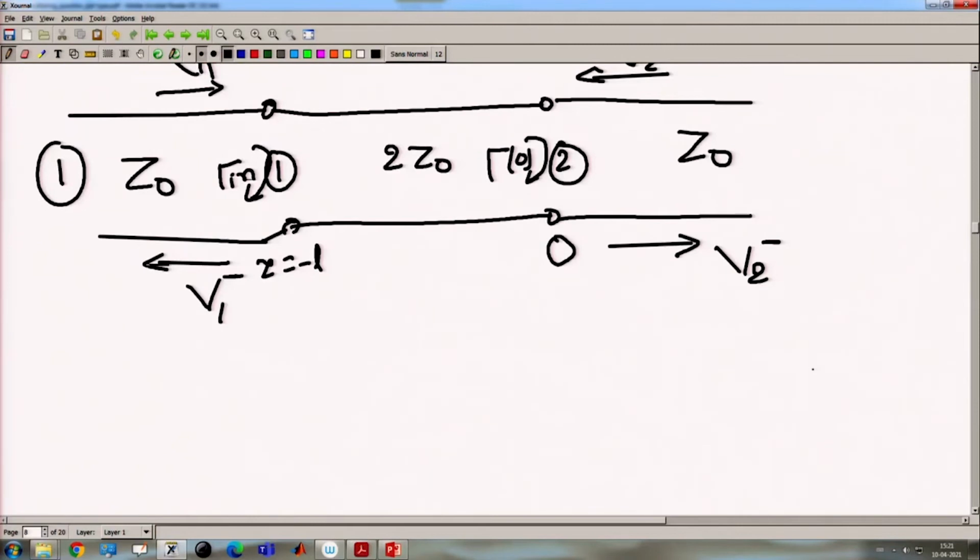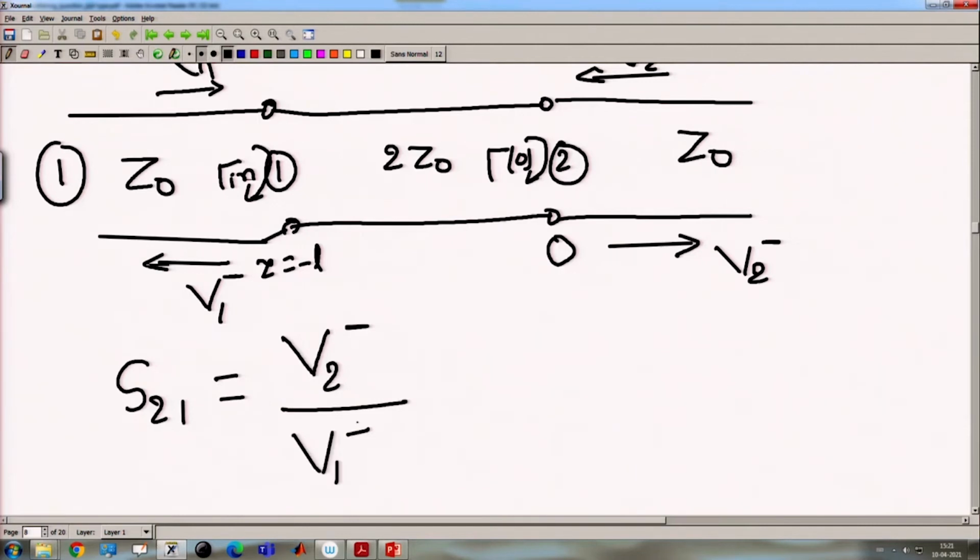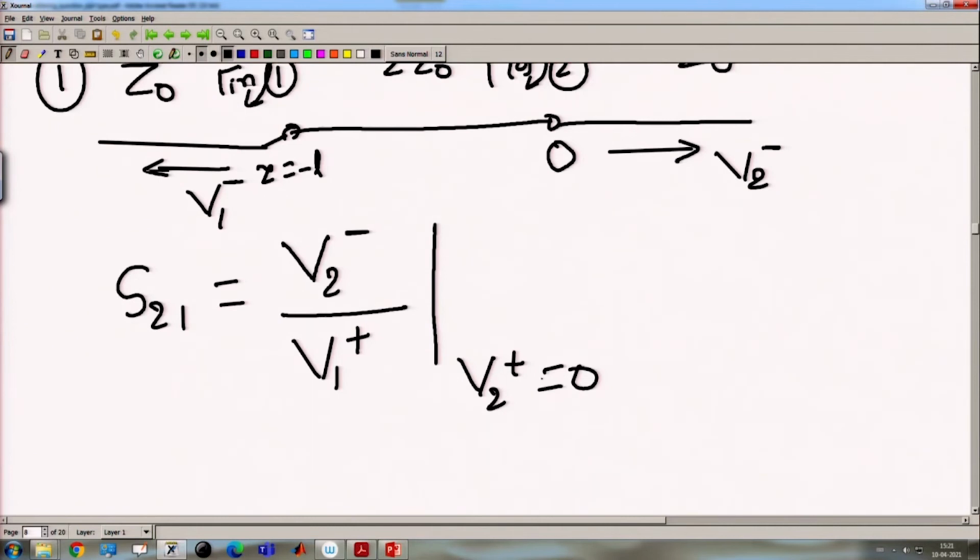We are finding out S21 equal to V 2 minus divided by V 1 plus when V 2 plus equals 0. That is why we have taken this condition V 2 plus equal to 0. So S21 is defined as V 2 minus divided by V 1 plus.